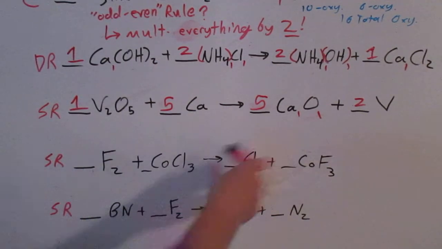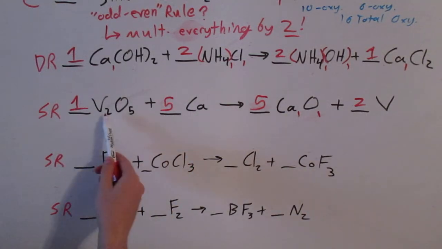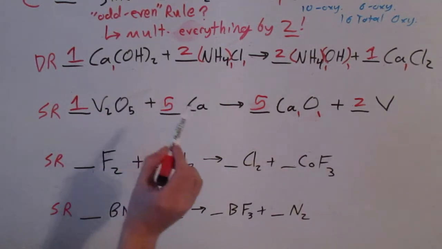Yes, if I jumped the oxygens, I would solve this a lot quicker. But just a good habit to do oxygen last. You never know where it can be sneaky. Trust me, you want to make sure you're doing that last as much as you possibly can. This one, also just to let you know, calcium is more reactive than vanadium. This reaction would work.